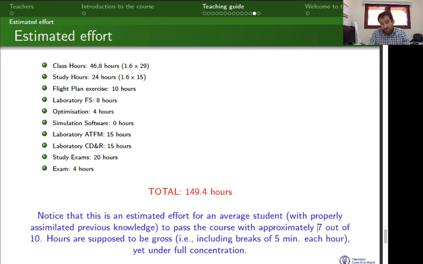So you can dedicate the time of class to some of the laboratory, but not to further study because in principle this is associated to the assignments themselves, okay? In the simulation software, you're going to be doing everything in class, plus some study, so there is no associated hours. Then to study the exam, and the exam itself, all right?